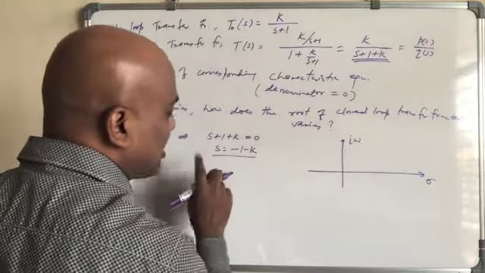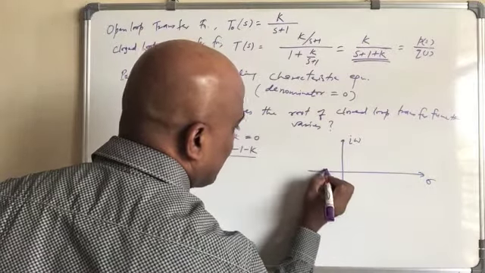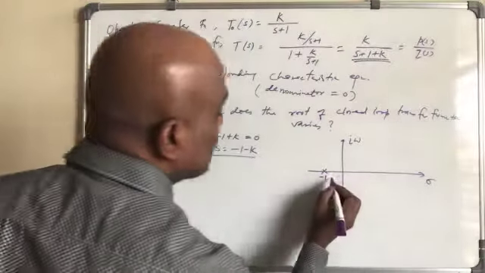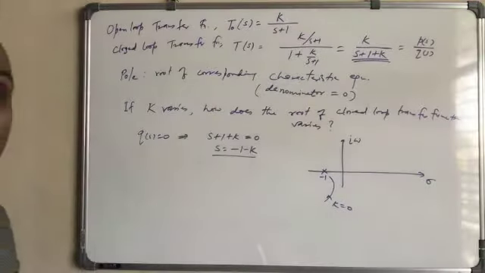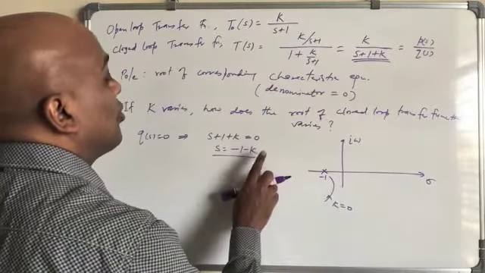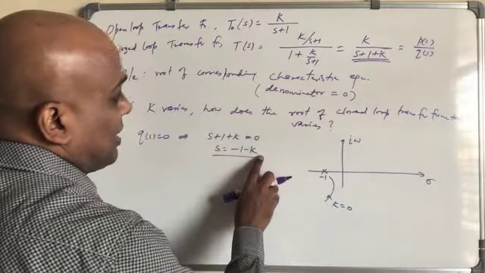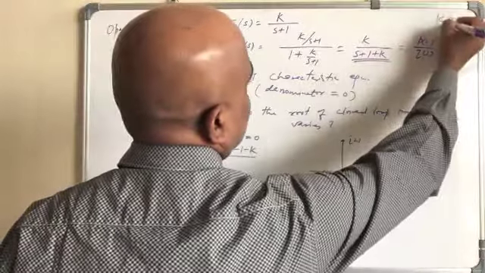If K equal to 0, we have S equal to minus 1 here. Let's make it a cross. This corresponds to K equal to 0. Now you increase K. Let us say K equal to 1 now. We are assuming K is positive.